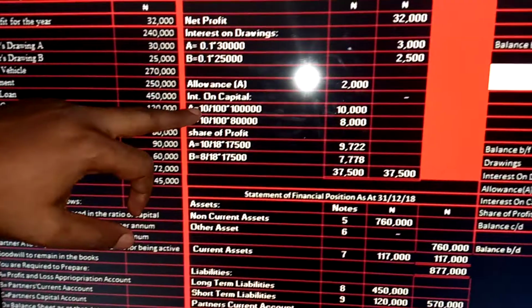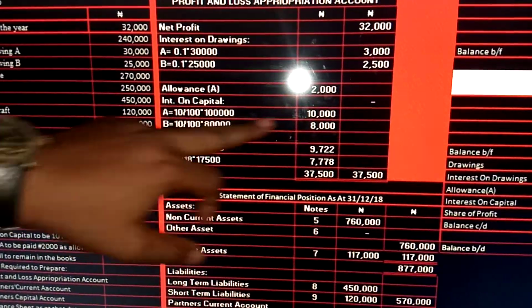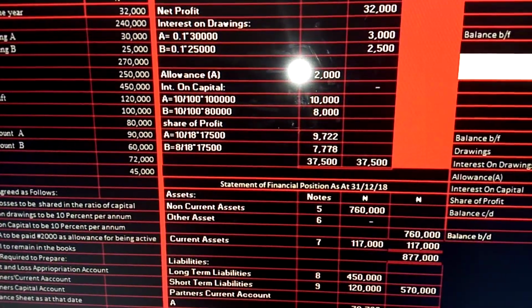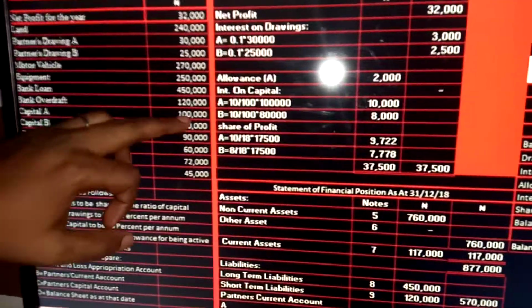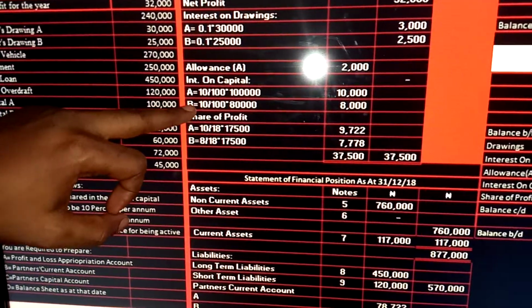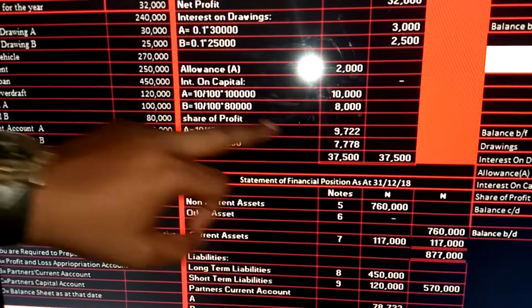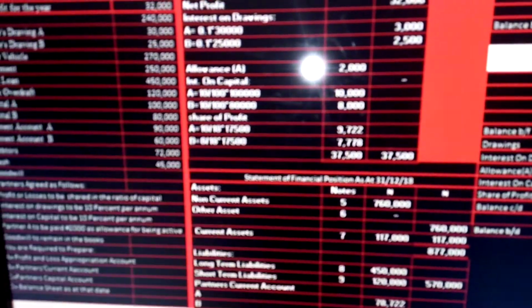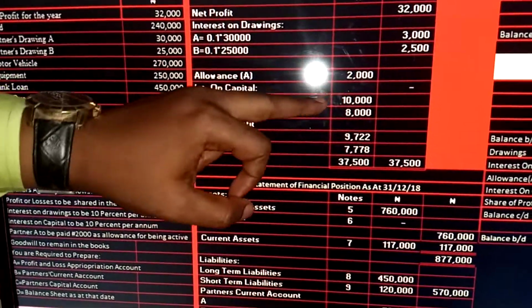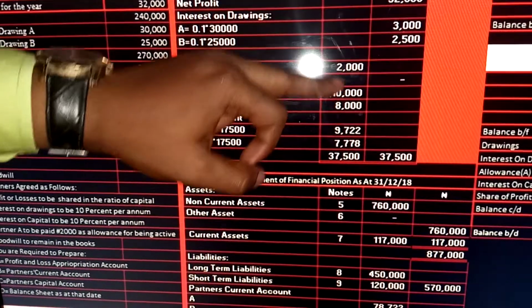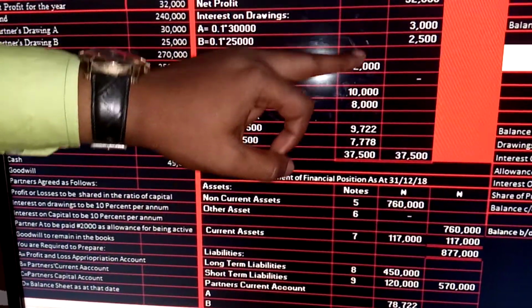So A here will be 10 over 100 times 100,000, which is 10,000. B's capital is 80,000, so the interest is 10 over 100 times 80,000, which is 8,000. If you add 2,000, 10,000 and 8,000, you have 20,000.